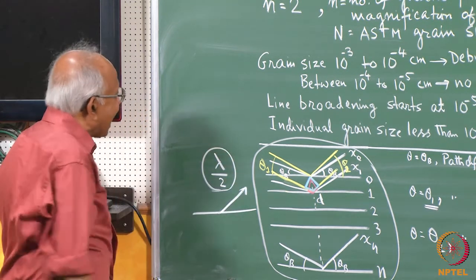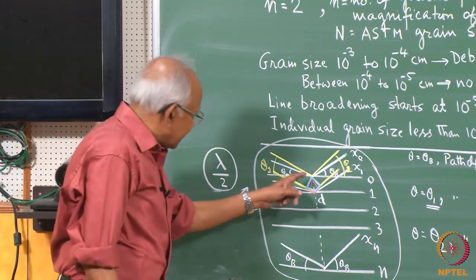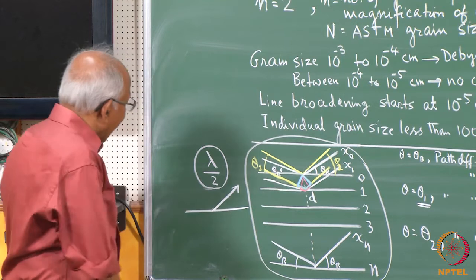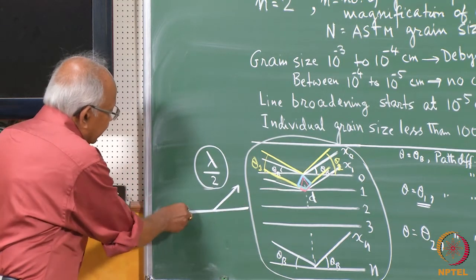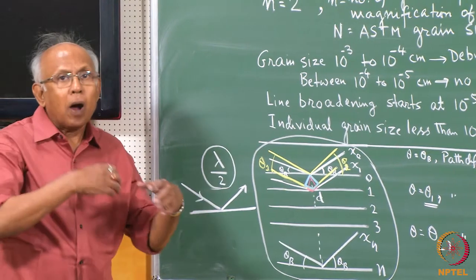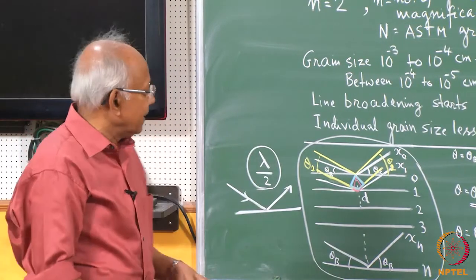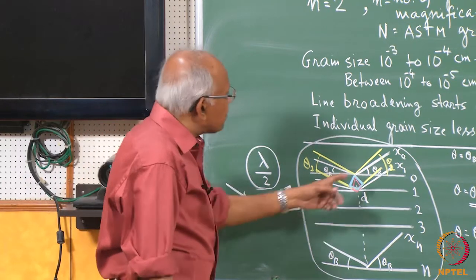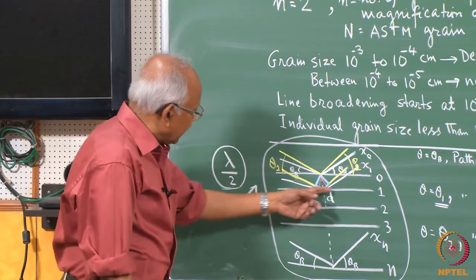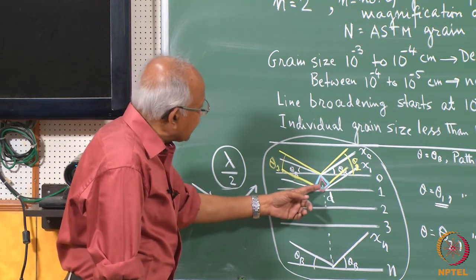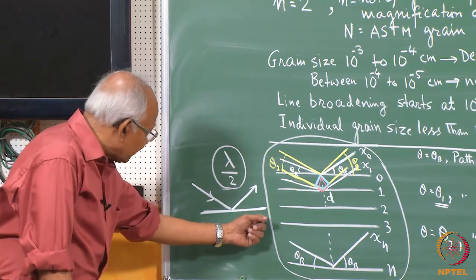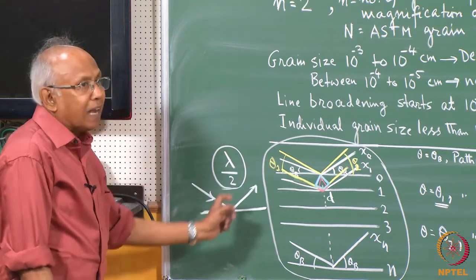As a result, what will happen? The radiation scattered from the 0th plane and the plane somewhere in the middle will nullify each other; they will be completely out of phase. In this way, the scattered radiation from plane number 1 and the scattered radiation from the plane next to the middle will also nullify each other.